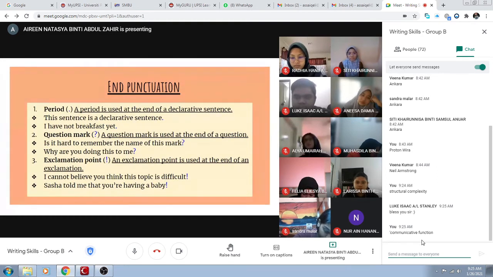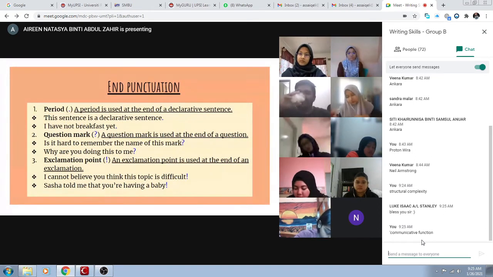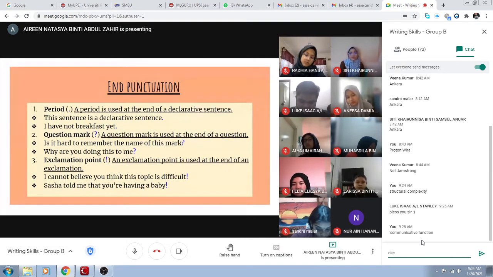In terms of the communicative function, a sentence can be one of four types. Also, in terms of structural complexity, there are four types. So, in terms of the communicative function, that is the function of the sentence in communication, what is the function? There are four types. These are, like the first type here in the slide, declarative sentences.